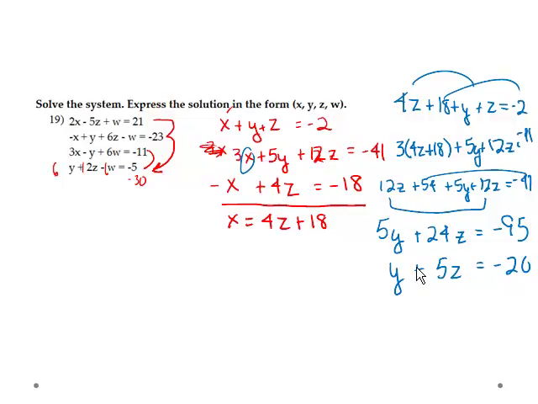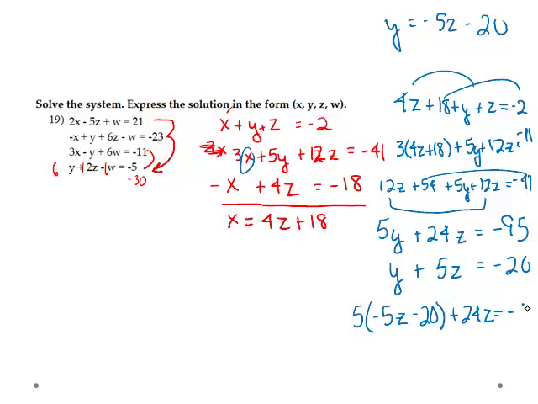We can substitute y equals negative 5z minus 20 into the first equation. 5 times negative 5z minus 20 plus 24z equals negative 95.